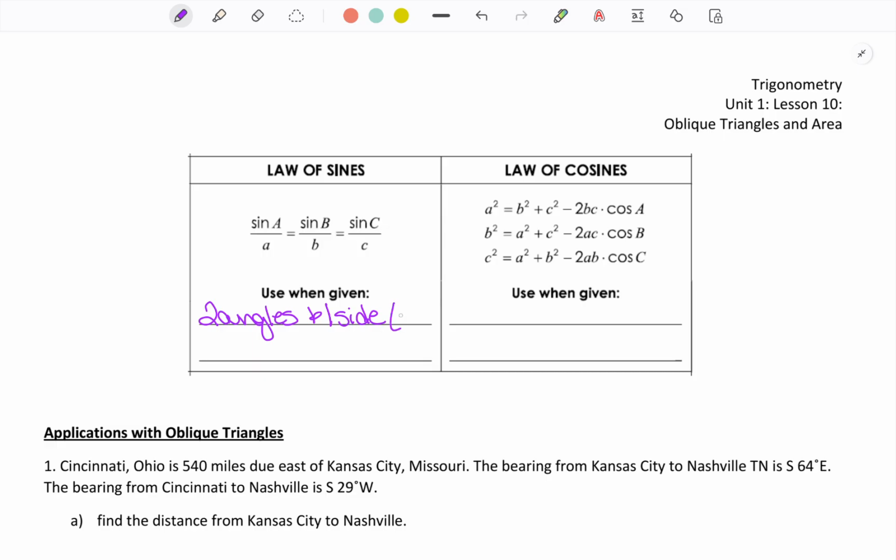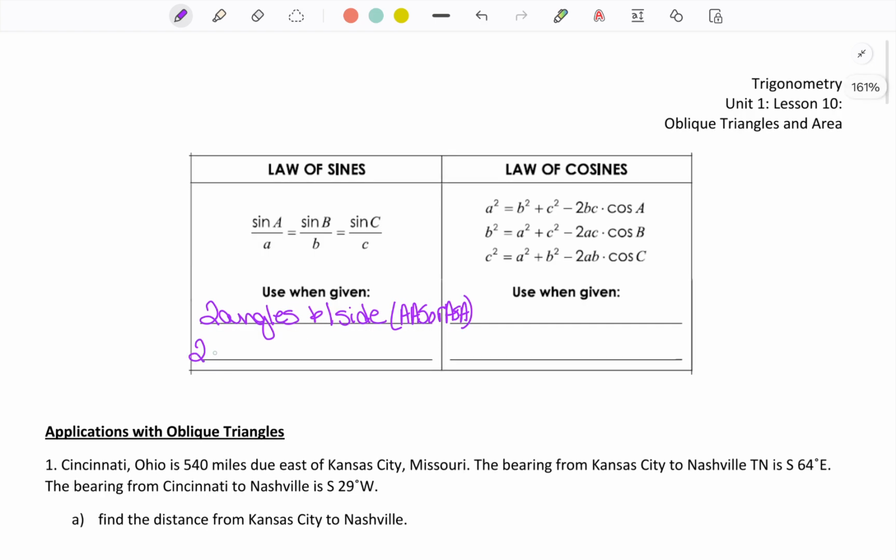So that means that we have a situation of AAS or ASA. And then you can also use it when you have two sides and one angle. And so that leaves you with SSA.